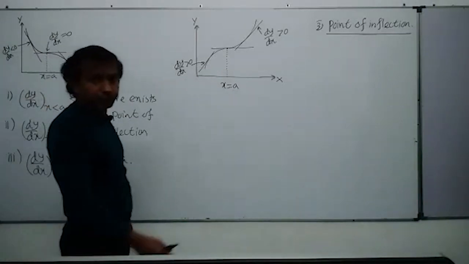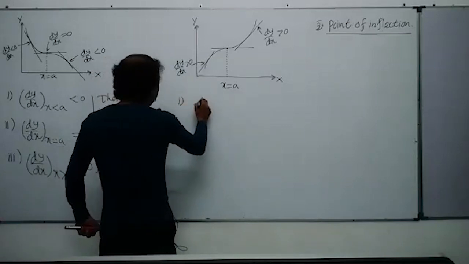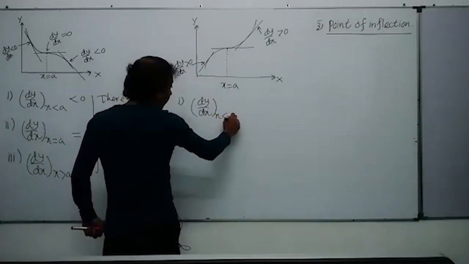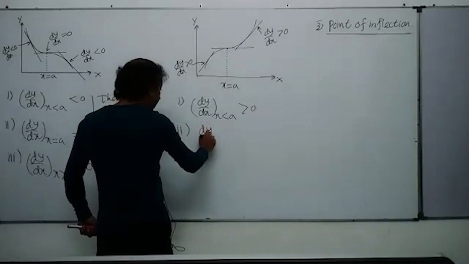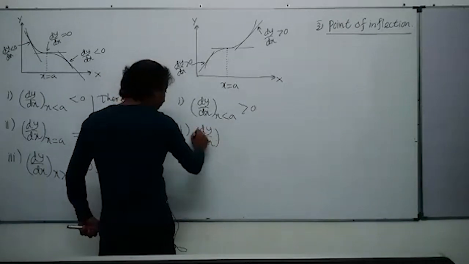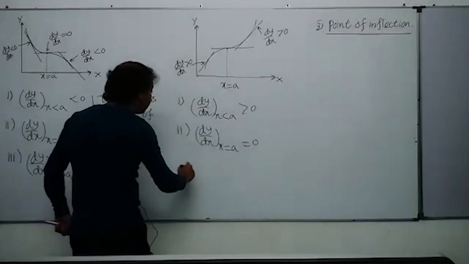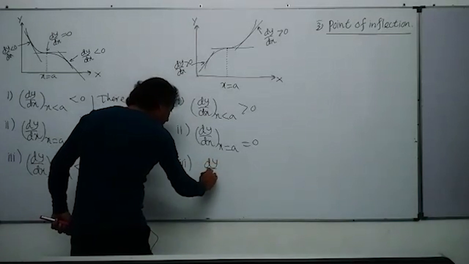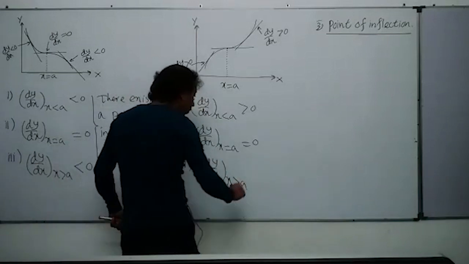Having a stationary point. Dy by dx, x less than a region, positive, dy by dx at x equals a, 0, dy by dx x greater than a, also positive.